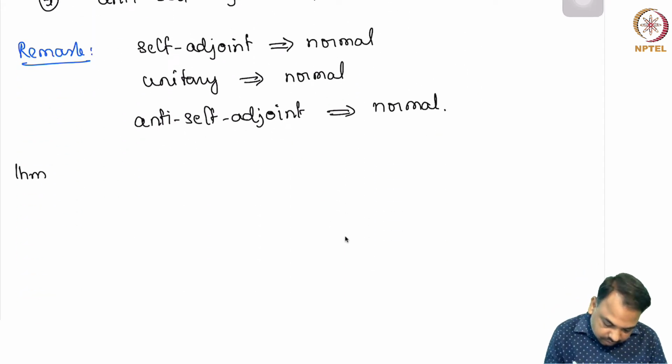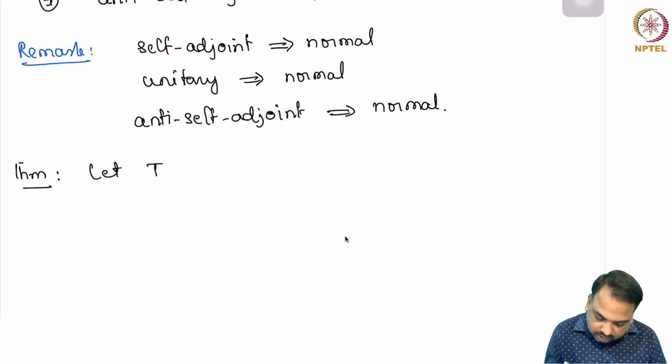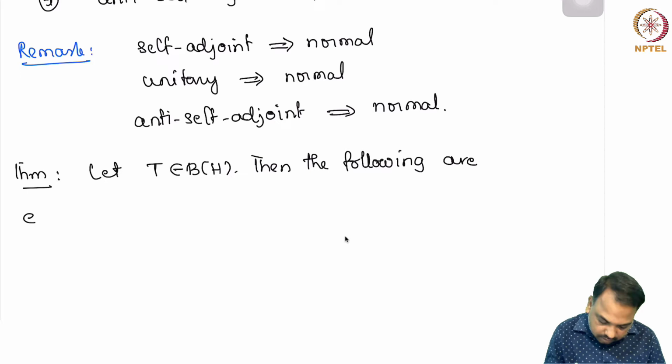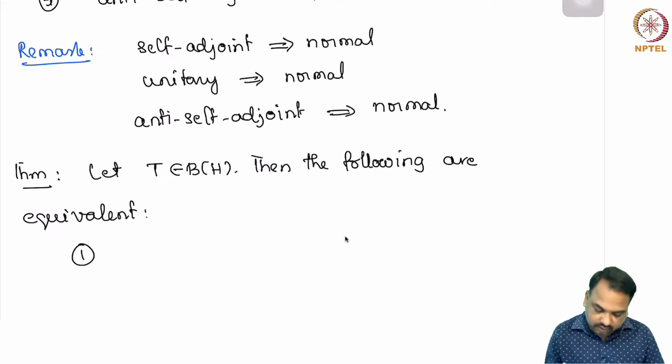Theorem. Let T be a bounded operator. Then the following are equivalent. The first one is T is self-adjoint.